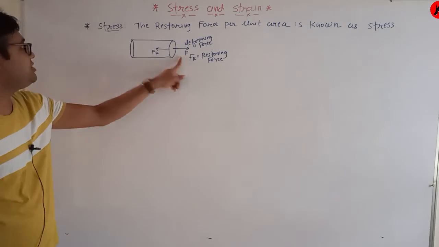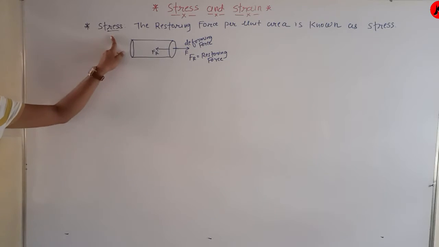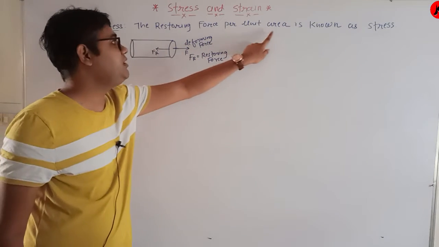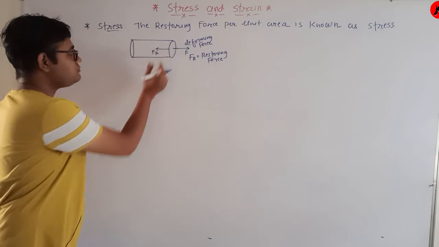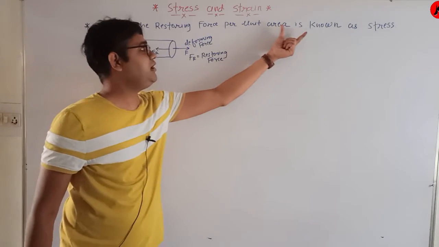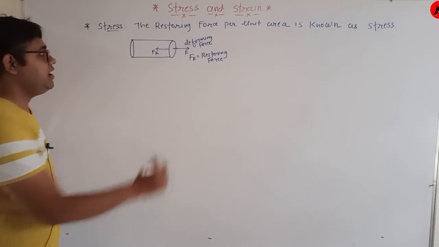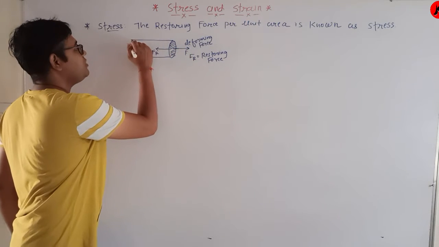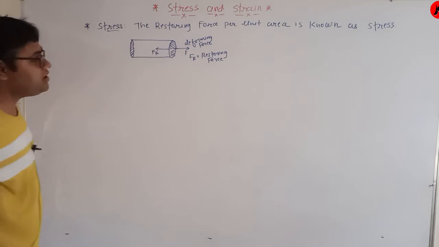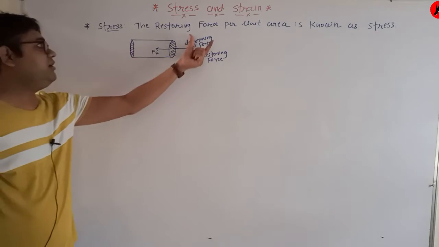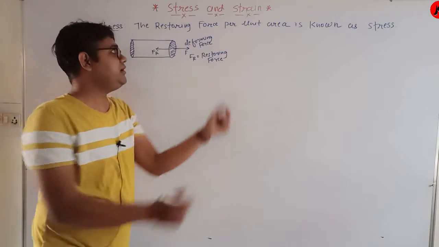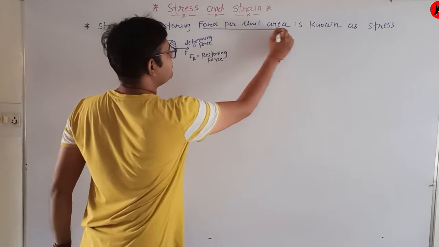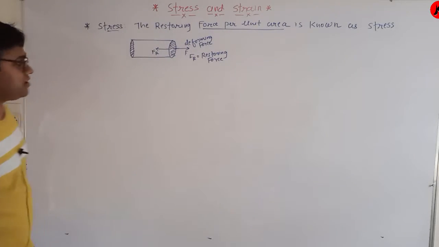And from this concept we have the definition of stress: the restoring force per unit area. This force, restoring force per unit area, is known as stress, and this is the cross sectional area. Here we have to consider the cross sectional area, and here we need the force per unit area, okay, which is known as stress.